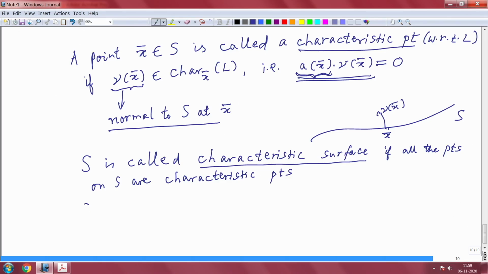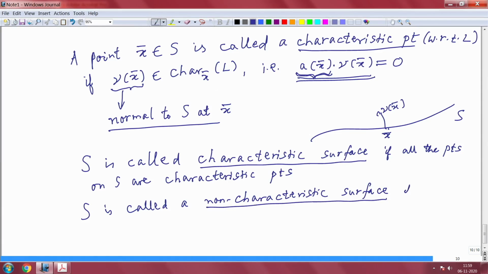So, S is called a non-characteristic surface if all its points are non-characteristic points.